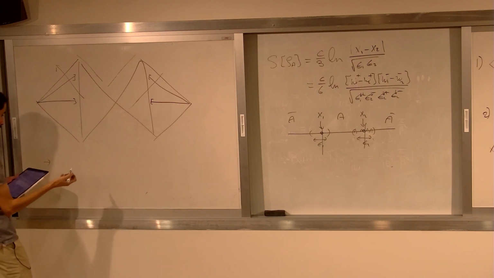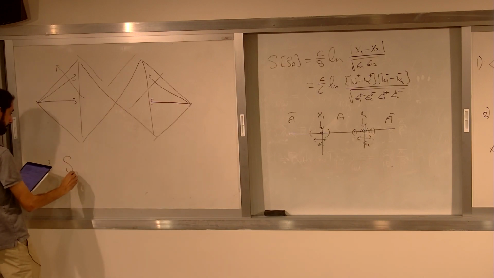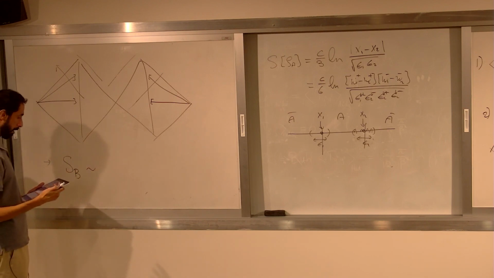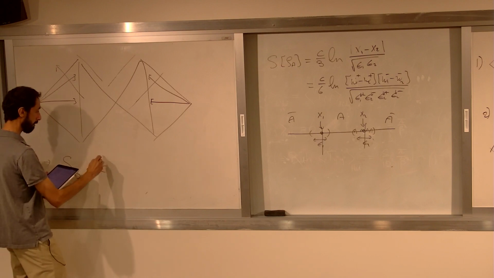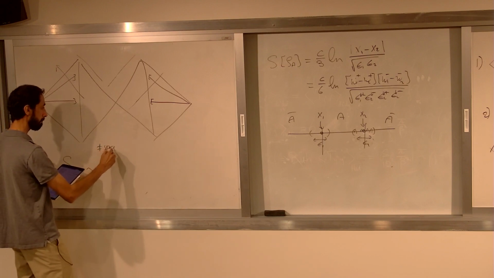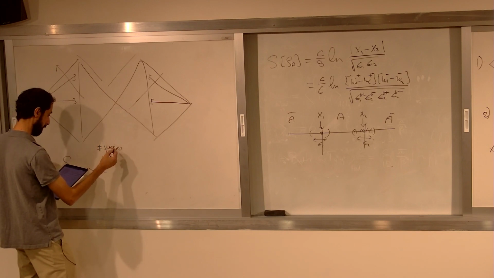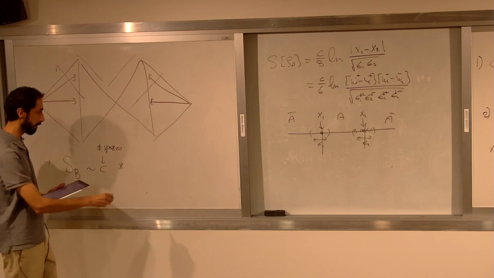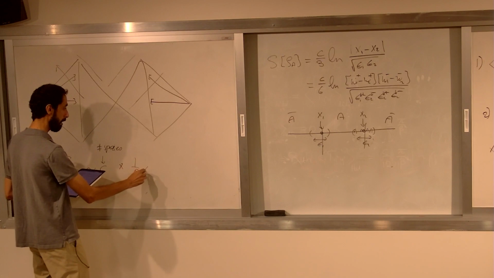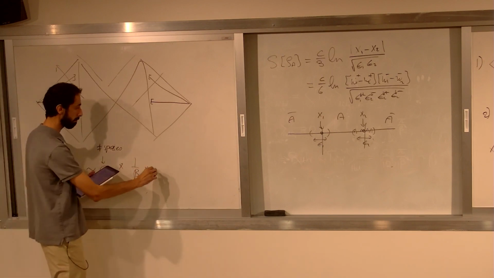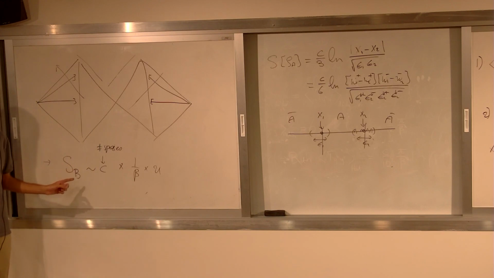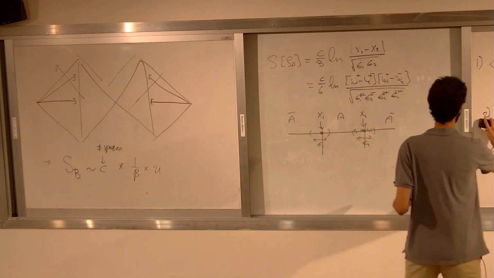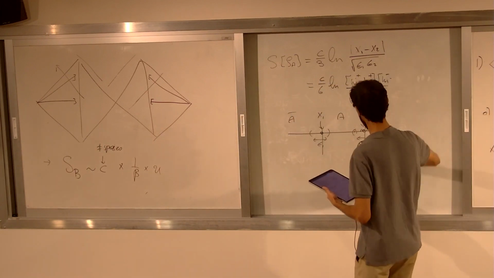And so you expect that the answer, S of B, the baths, should go as c, the number of species, times the rate of emission of these Hawking quanta, which is 1 over beta, times time. You expect an answer like this. And something that you should check is that the entropy is given by the following formula.